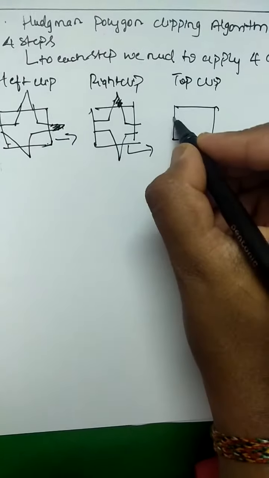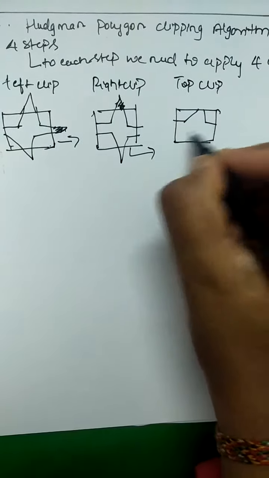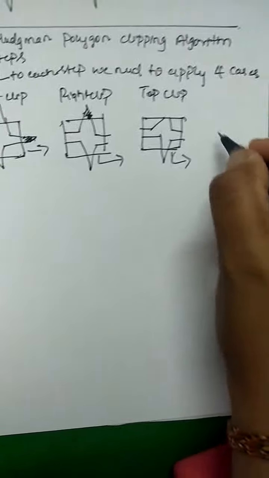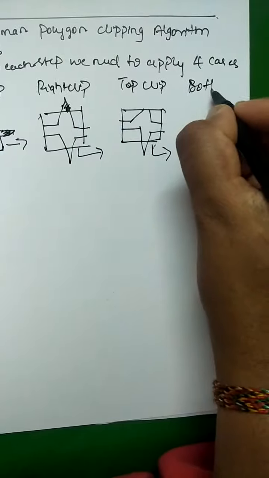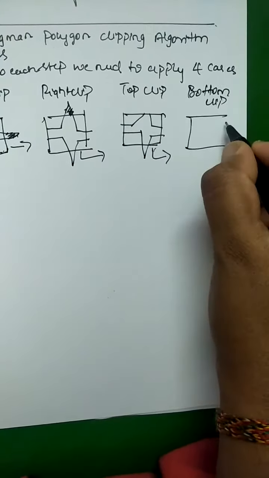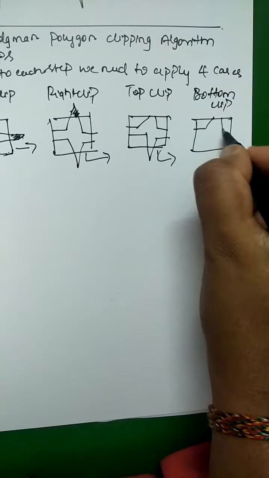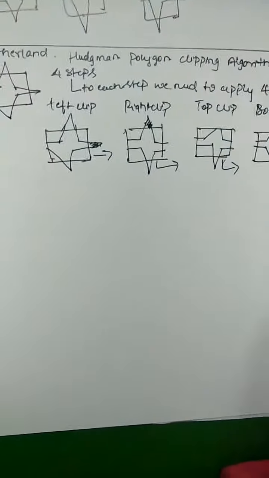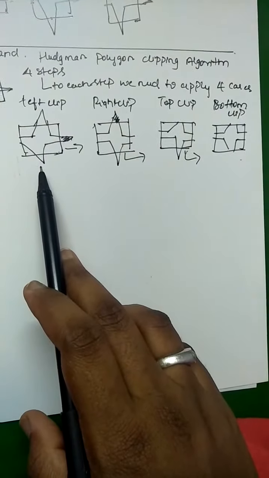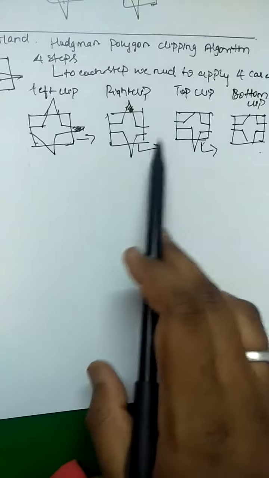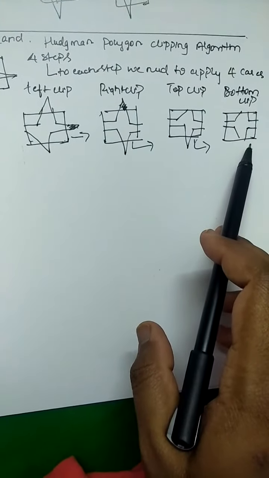The output looks like this, and this has to be fed as an input to the bottom clip, and the output looks like this. So this is the final yield. It is mandatory that we follow all these 4 steps to get the final yield.